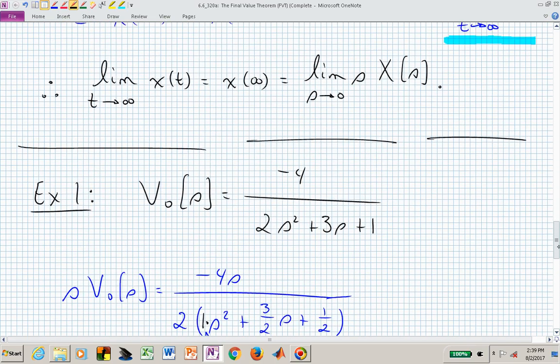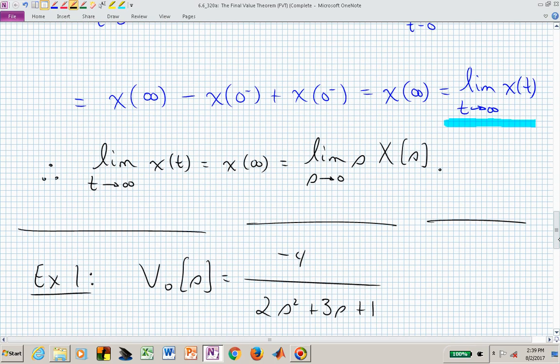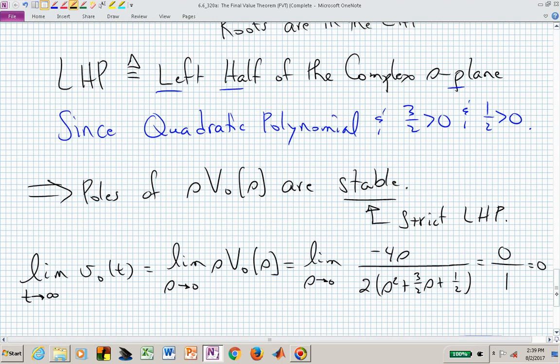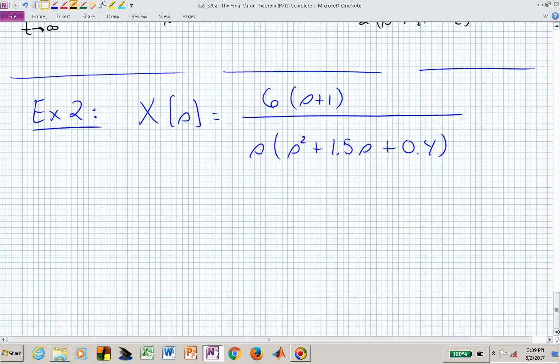So based on this particular starting transform for capital V sub 0 of s, without inverse Laplace transforming, without finding the exact expression for little v sub 0 of t, we can conclude by applying the final value theorem that the final value of little v sub 0 of t is going to be 0. Let's look at another example.